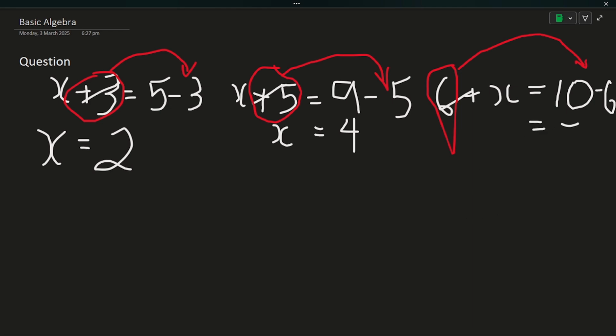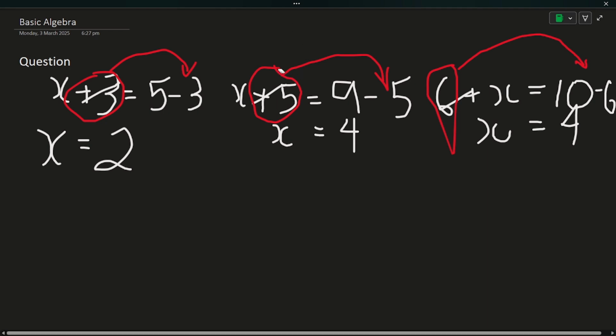And it'll be, sorry, not negative. It'll be 4 again. x is equal to 4. My x is not the best, but I'll take it. So that is great.